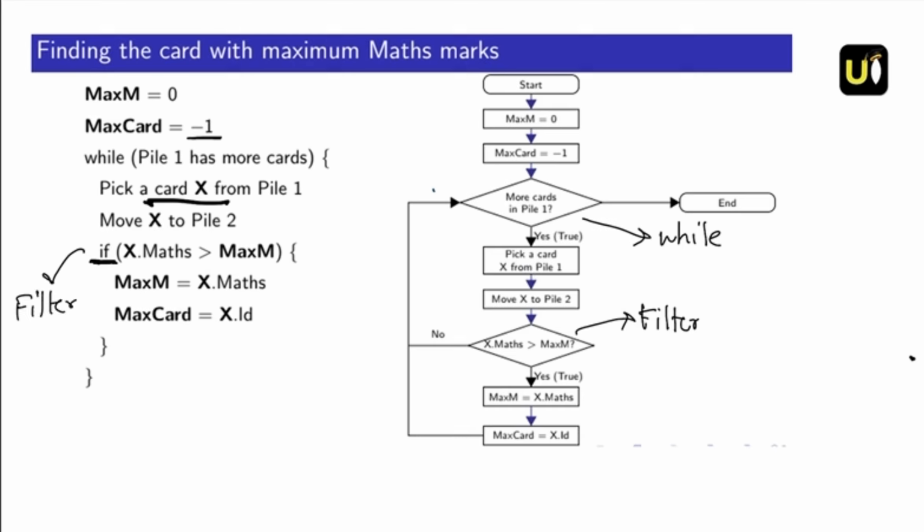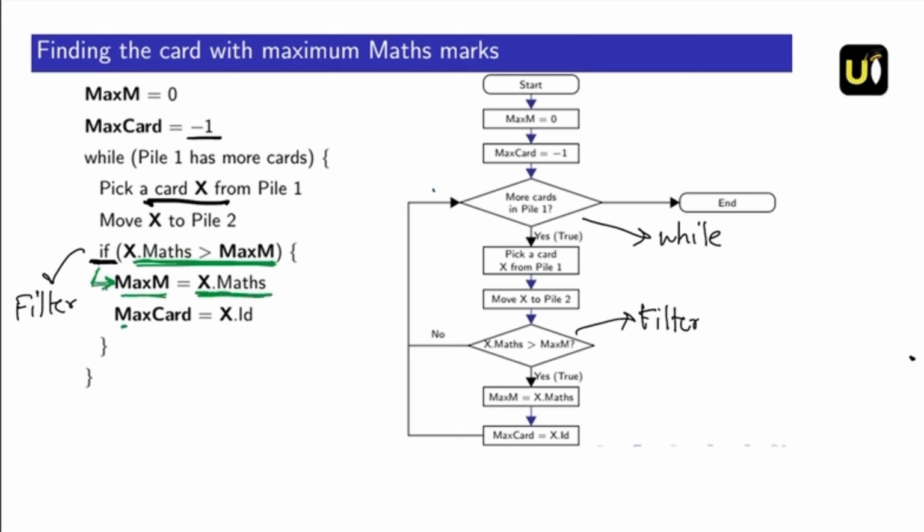So it says if x max is greater than maximum marks. So we are checking for maximum marks here. As long as this condition is true, we enter this part. So if we get a card with marks greater than the maximum marks, then the maximum marks will be updated to the marks of the given card.